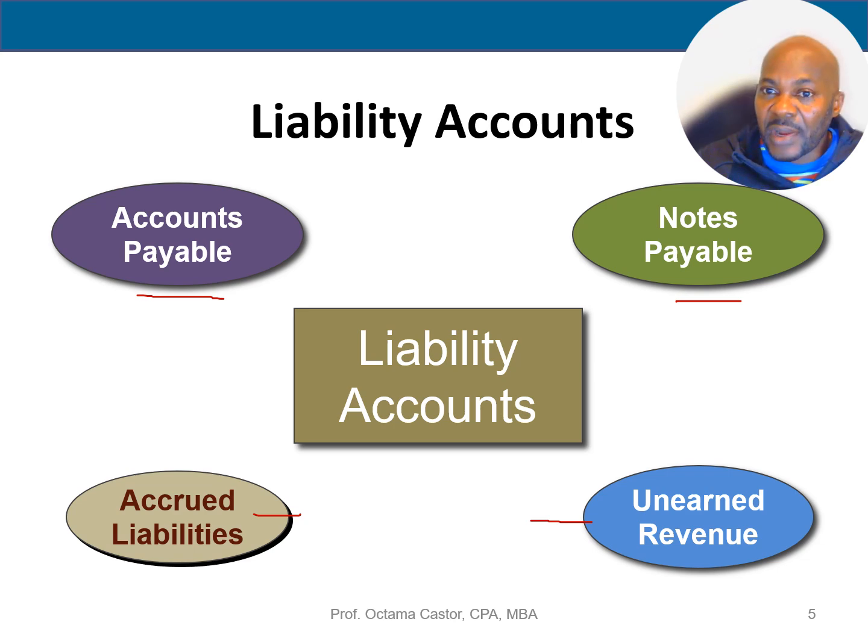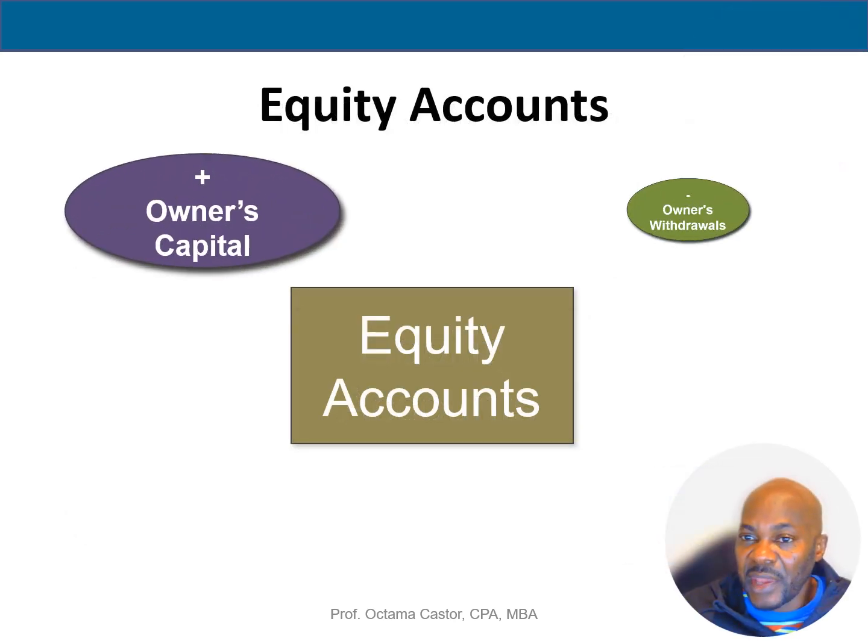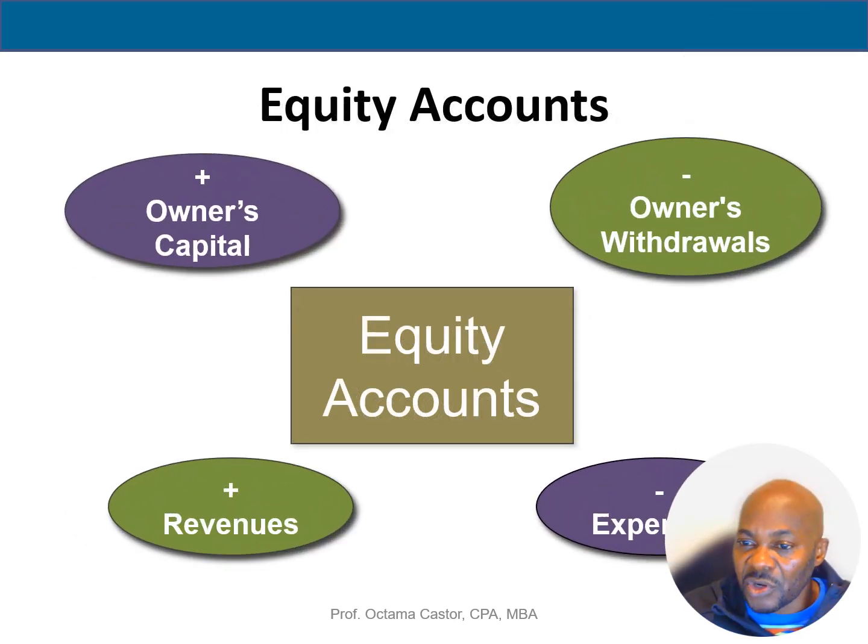All right. What about this one? Equity accounts. These are your equity accounts, and that's what your owner's equity will fall on. Owner's capital, revenue, owner's withdrawals and expenses. These are types of equity accounts. As you can see here, you can see the plus sign for owner's capital and revenue. That means these have a positive impact on owner's equity.